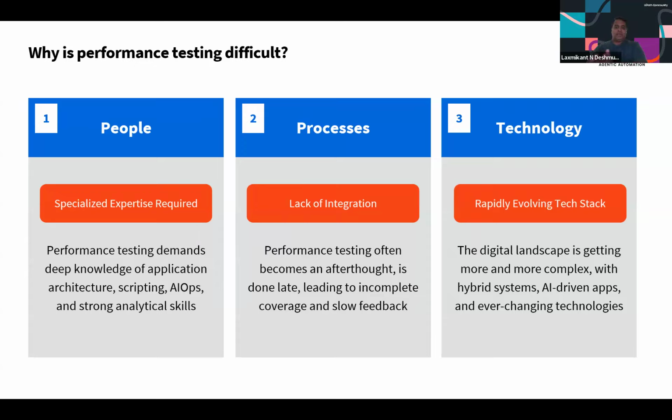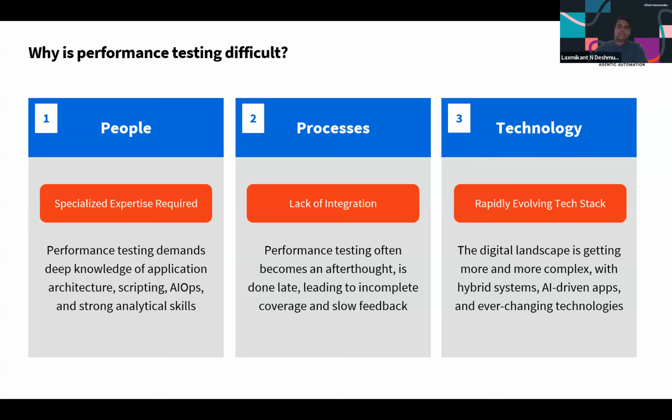Then processes. When it comes to processes, it's very important to have an integration with third-party solutions. Performance testing often becomes an afterthought and is done late, but you have to get into the picture early in the life cycle. You need to be able to integrate with third-party systems like observability solutions, like Dynatrace or Datadog or New Relic, to get to the nitty-gritties of the application, to get to the root cause of the application. That is also important.